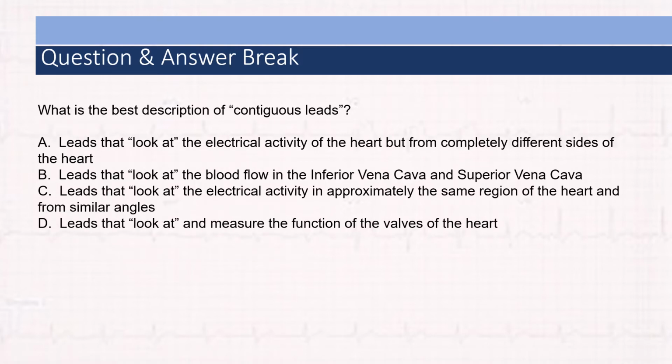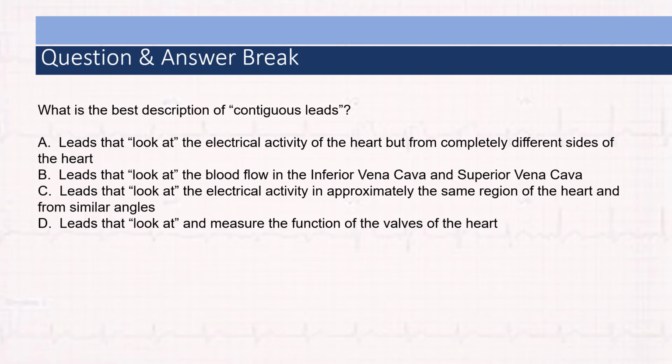What is the best description of contiguous leads? A, leads that look at the electrical activity of the heart, but from completely different sides of the heart. B, leads that look at the blood flow in the inferior vena cava and superior vena cava. C, leads that look at the electrical activity in approximately the same region of the heart and from similar angles.